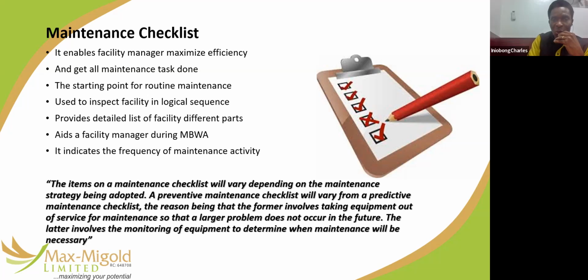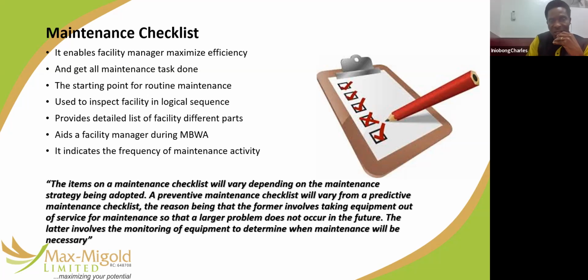So it's important to use our checklist. It enables us to see everywhere as much as we can. Use it to inspect the facility in a logical sequence, like I said, from one step to the other. It provides a detailed list of the facility's different parts.